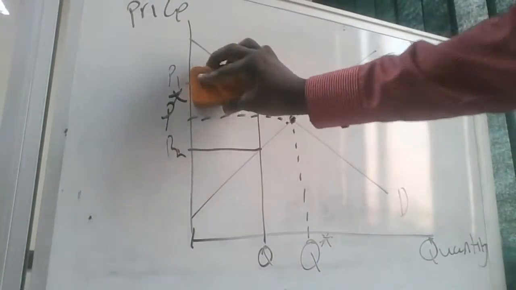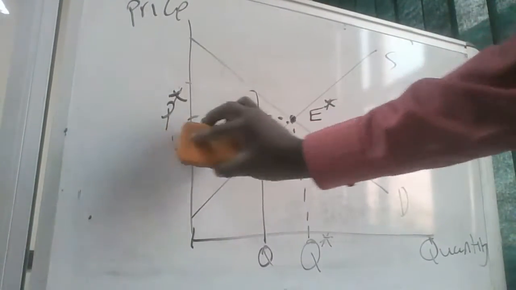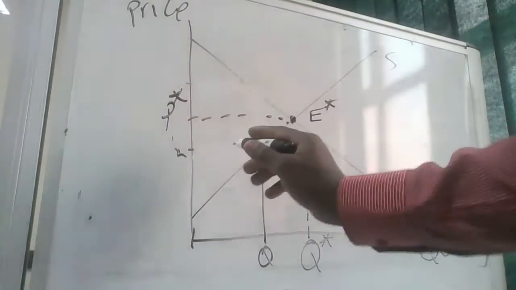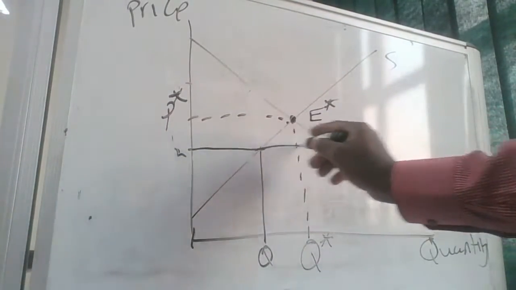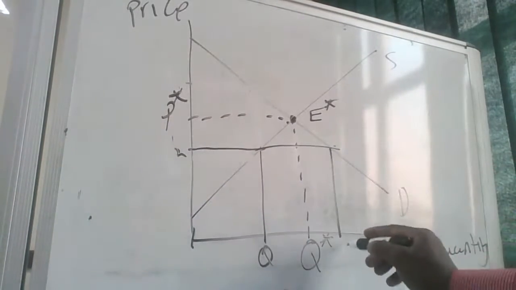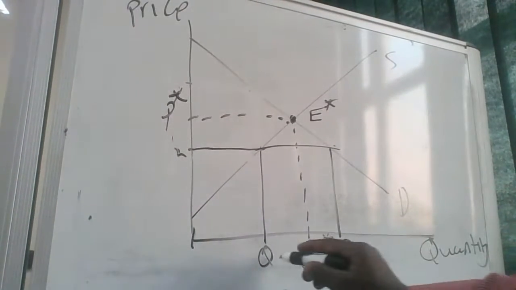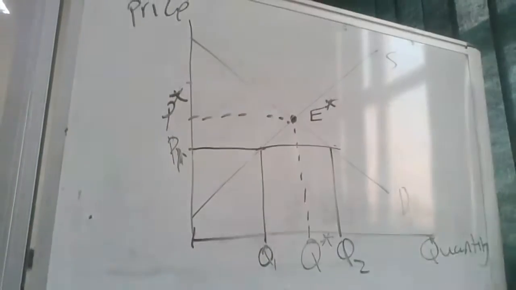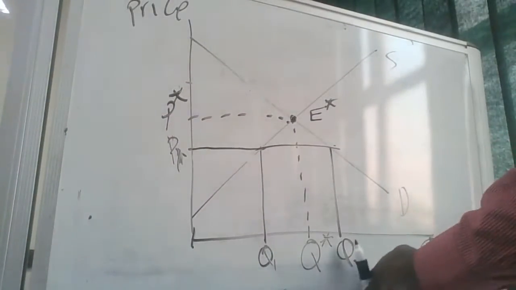If on the other hand, you had the price just one price below, it means again you have two levels of output or quantity. So we have Q1 and Q2. At a price of P1, there is a Q1 quantity and Q2.